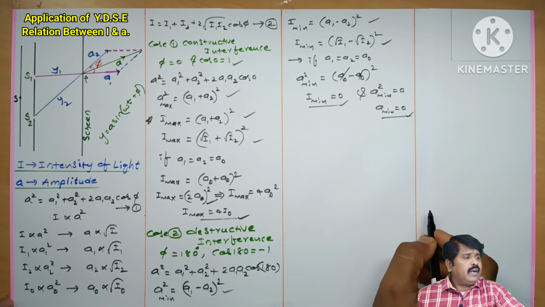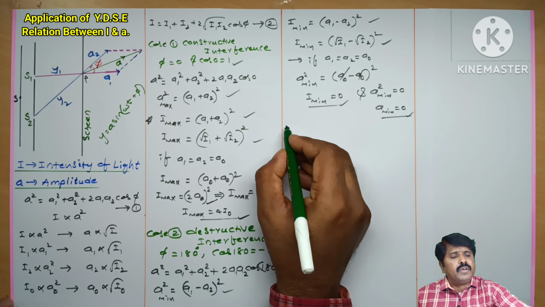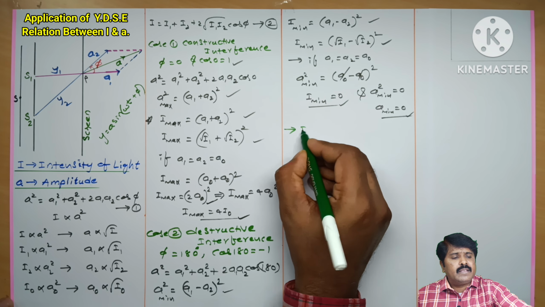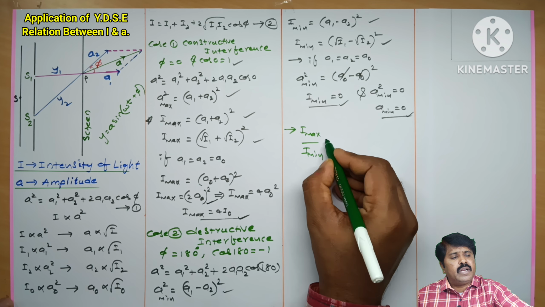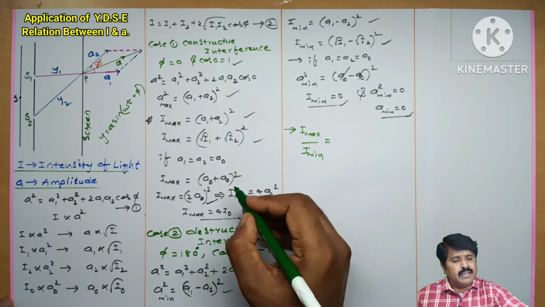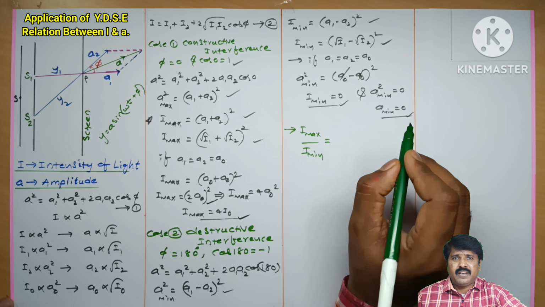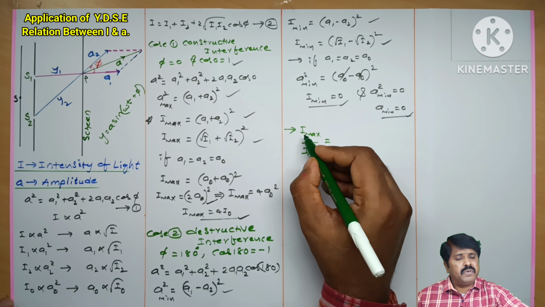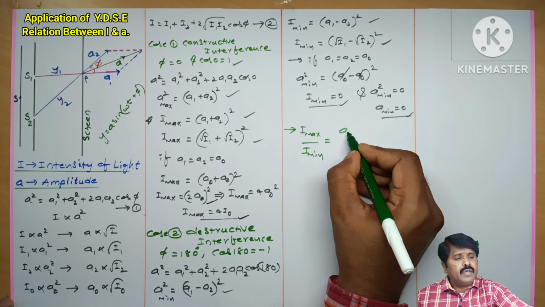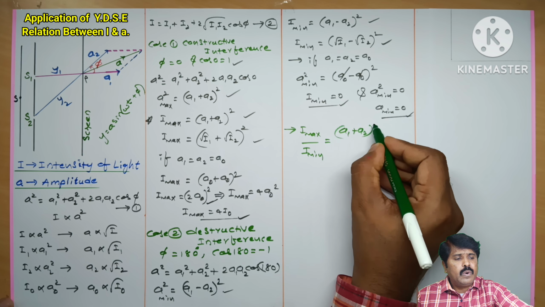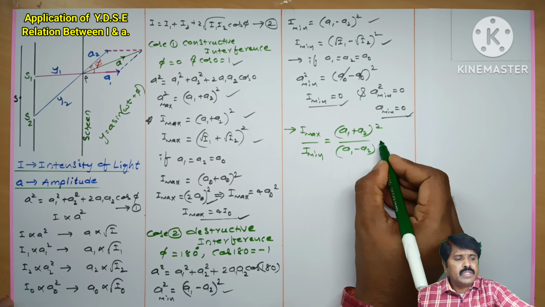Okay student, next, the relations that I am going to write step by step. The first one is I max divided by I minimum. With respect to amplitude I will write first, after that intensity. First amplitude: equal to (a1 plus a2) whole square divided by (a1 minus a2) whole square.